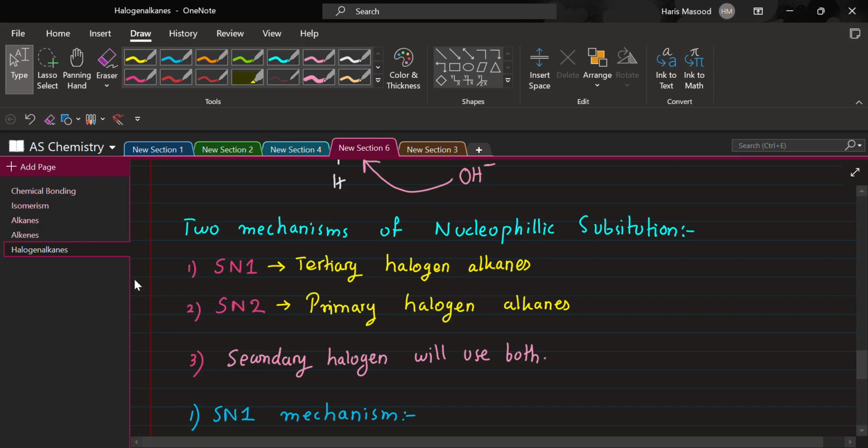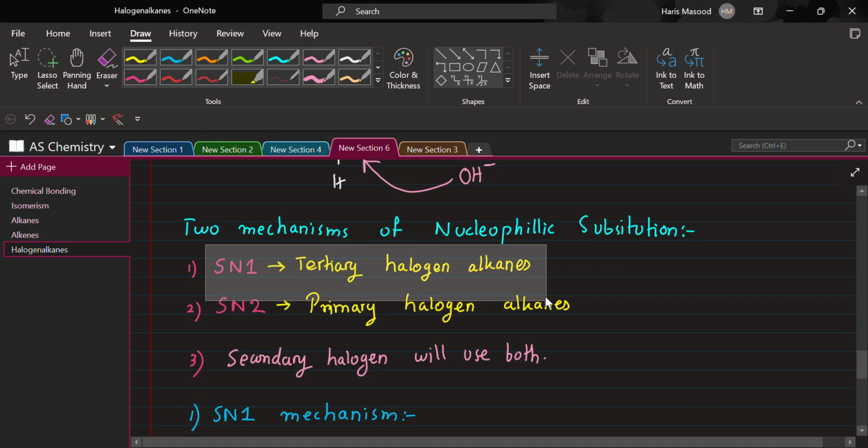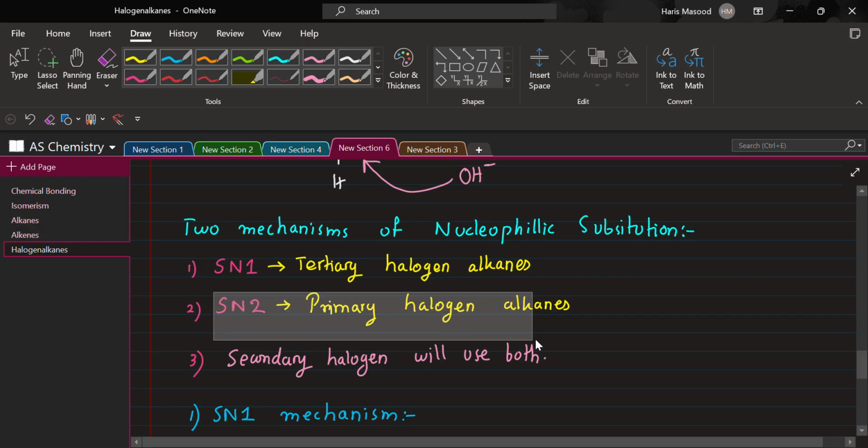Basically you have two mechanisms of nucleophilic substitution: one is SN1 and another is SN2. SN means nucleophilic substitution. In SN1 you always have to remember that tertiary halogenoalkanes will undergo SN1 always, and primary halogenoalkanes will always undergo SN2.